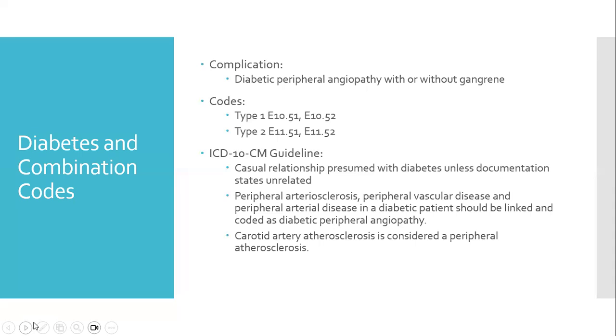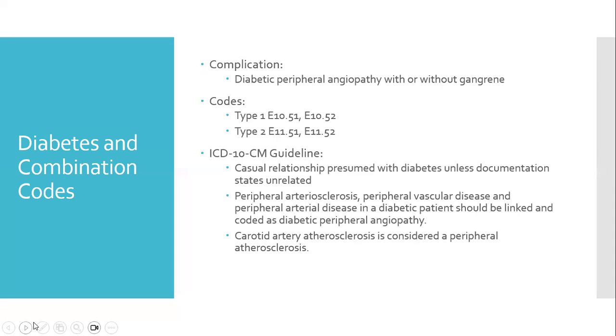Sometimes you will see this documented with gangrene, and it can be through different layers of the skin, and it can be all the way to the bone if it's advanced into the end stages. And when it's gotten to the bone, a lot of times the provider will make the decision to amputate because at this point, the treatment is beyond repair.